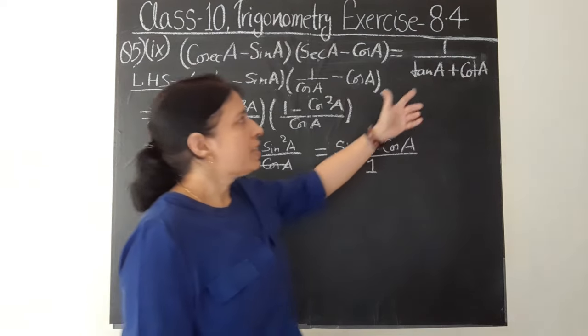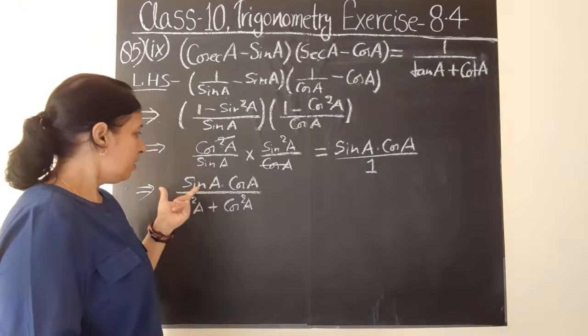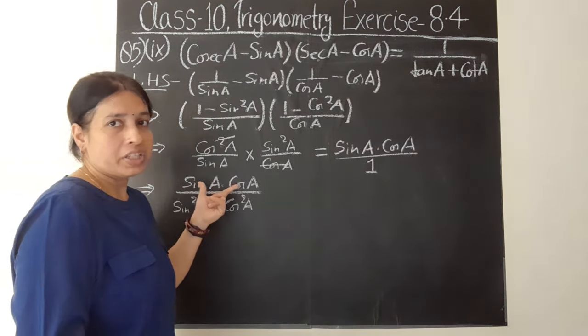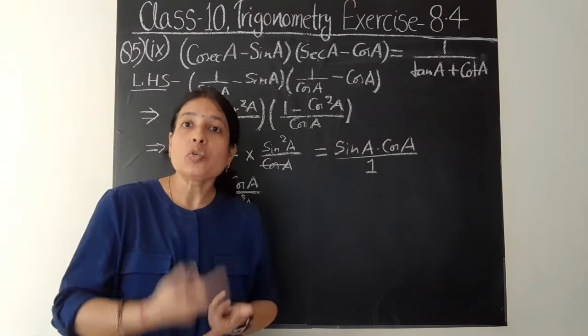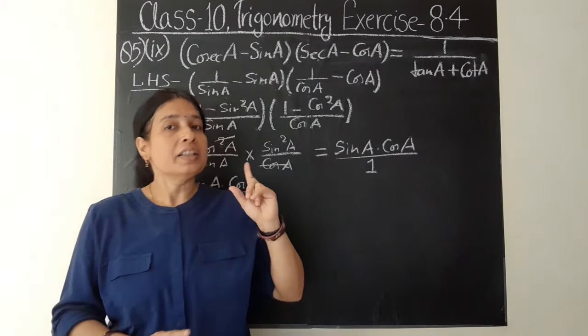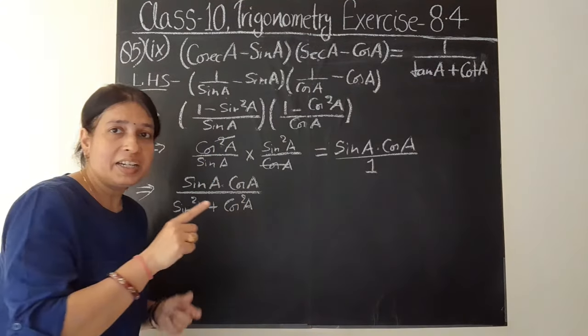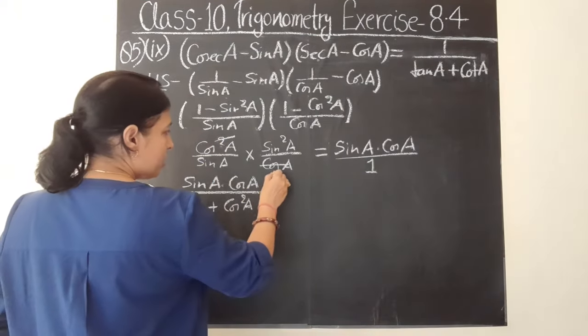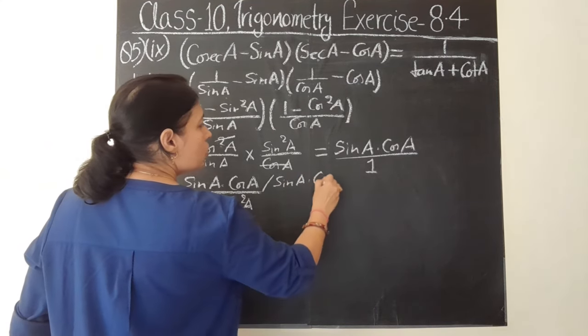Look here, in RHS it is given 1, and here we have sin a into cos a. So if we divide sin a into cos a by sin a into cos a, then we will get 1. So divide this one by sin a into cos a. So divide here sin a into cos a.